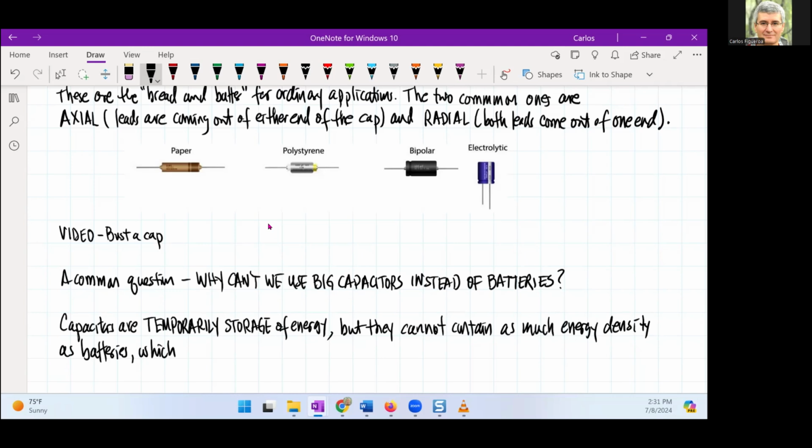Batteries have the ability to keep putting out energy, not capacitors. So because of these reasons, it makes them unusable, or unsuitable, maybe is a better word, for long-term energy storage. Okay, you can't do long-term, and it's not continuous.